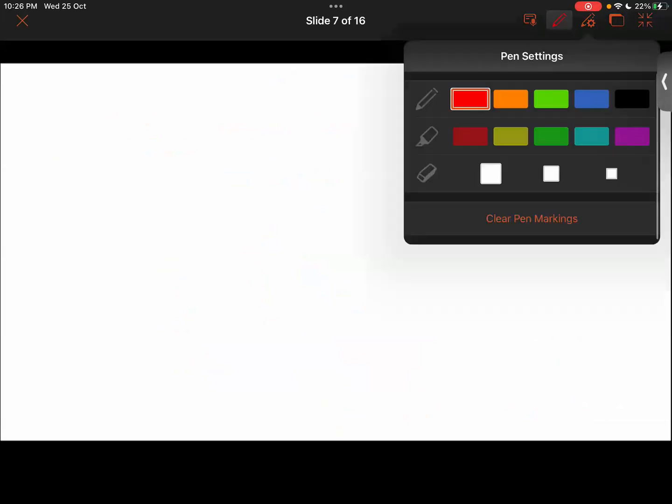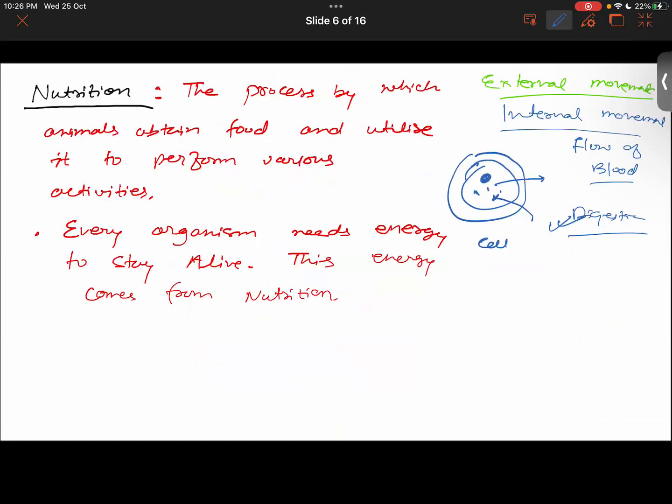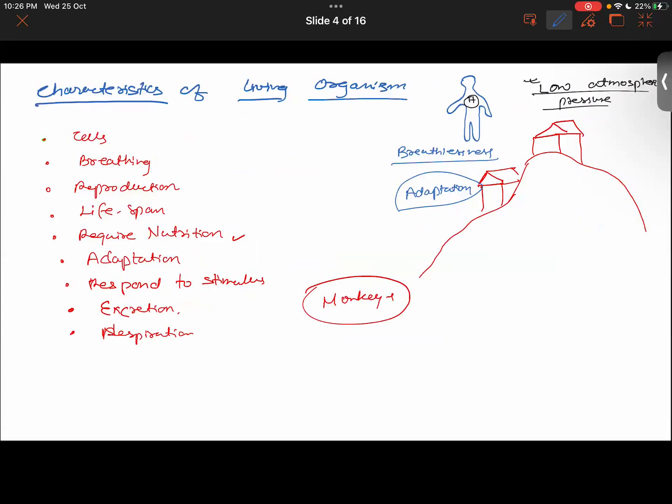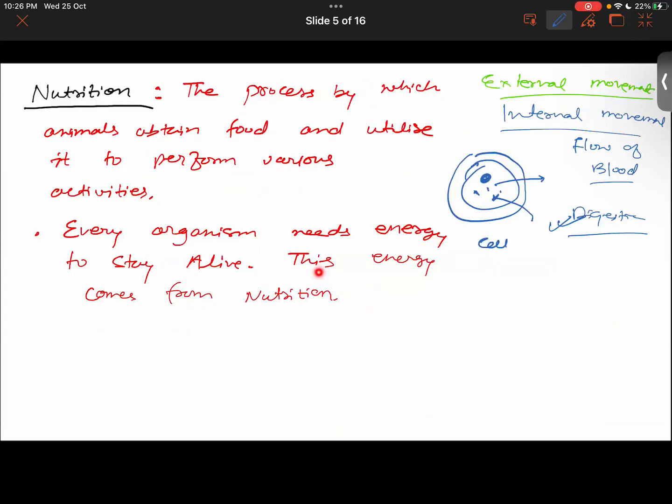Now the next thing common to all living organisms: once they have taken food, they have taken nutrition. Nutrition will help in growth, because for cells to divide they need energy, right? That energy comes from the food that the organism is eating. Taking in of food is simply termed as nutrition.